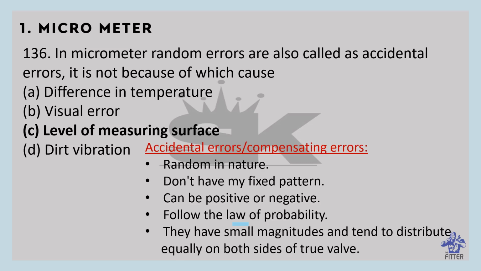The first one is random in nature and does not have any fixed pattern. They can be positive or negative and follow the law of probability. They have small magnitudes and tend to distribute equally on both sides of the true value.